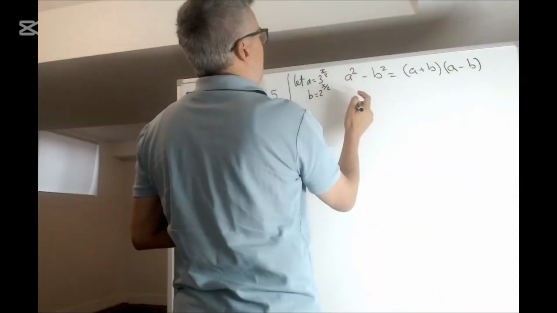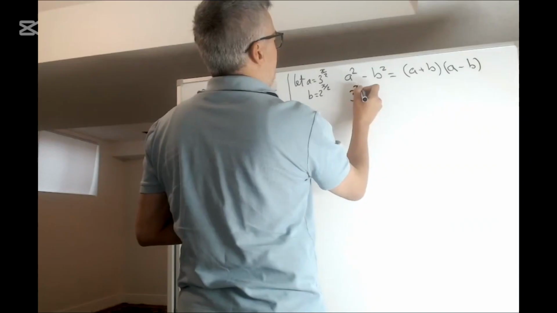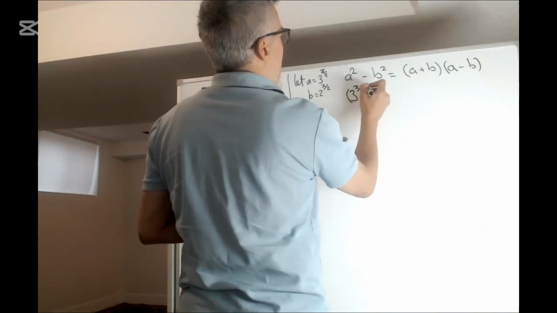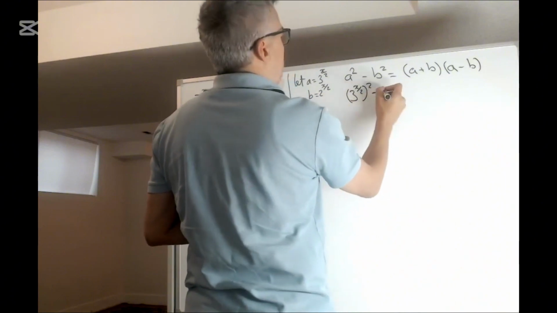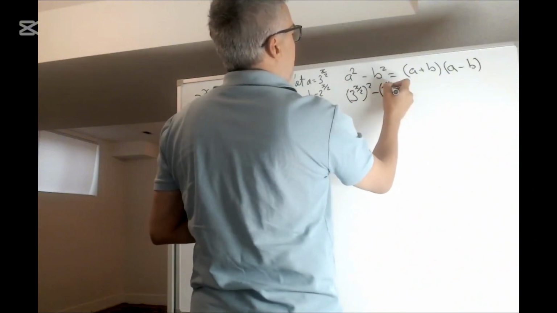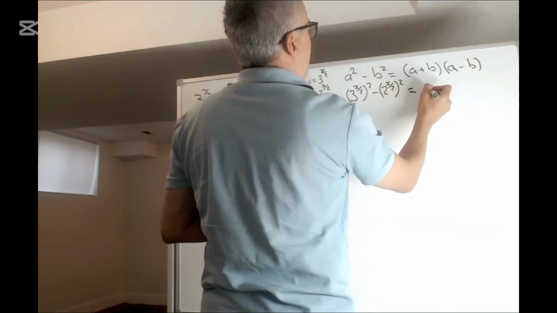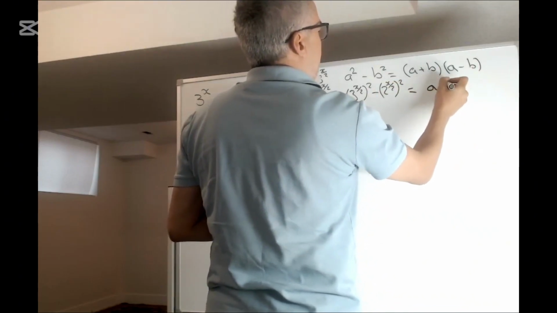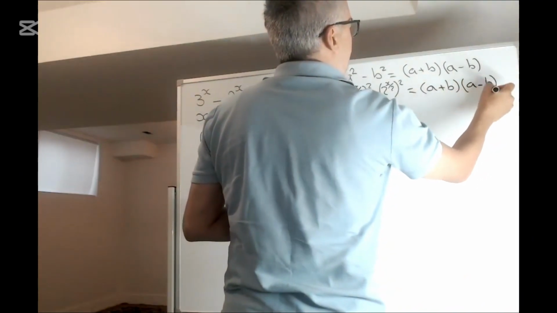So therefore, a is the 3 to the power of x over 2 squared, minus b, the 2 to the x over 2 squared, and that gave me a plus b, a minus b.